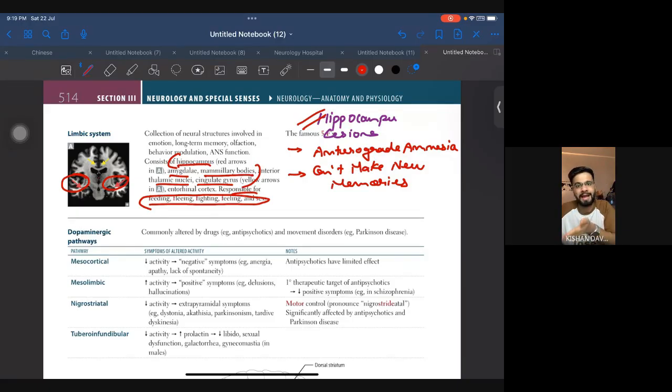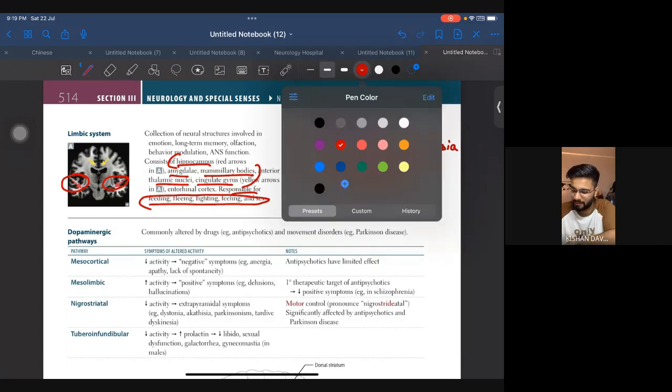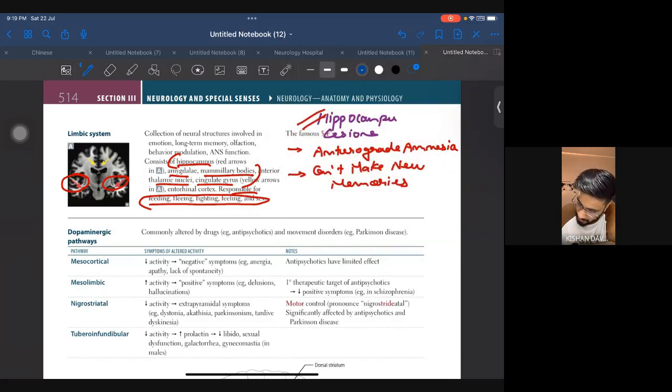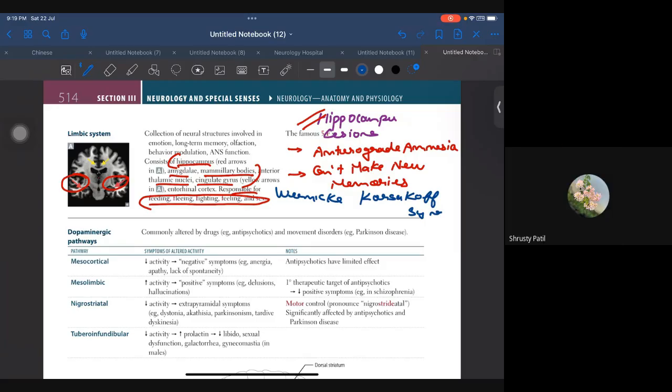Now, the differential diagnosis from what? Another thing you have to keep in mind over here is Wernicke-Korsakoff syndrome. Can anyone tell me what the vitamin deficiency is over here? Come on, quickly. Thiamine. Yeah. So B1 deficiency, thiamine deficiency.